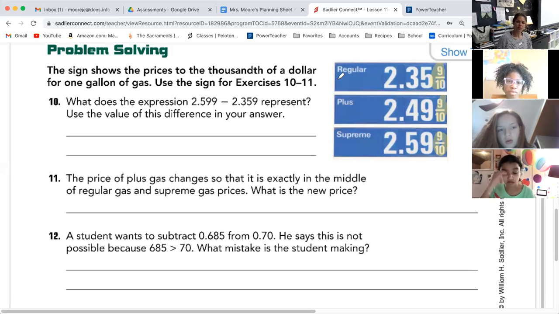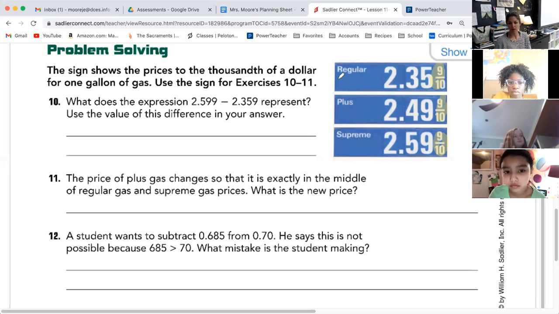So when we look at this sign, they're asking us first to describe what these things represent. What do they mean when you see it? What kind of message is it sending you?